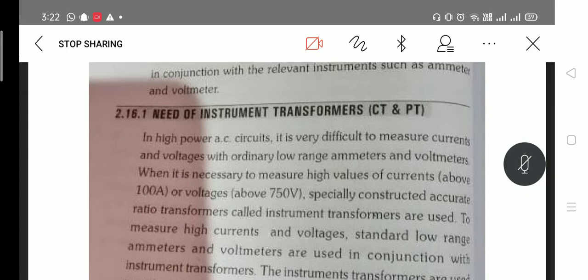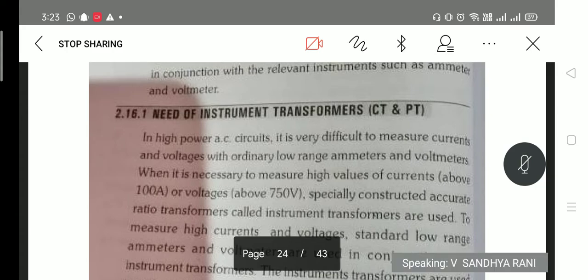It measures high values above 100 amps. Up to 100 amps we can measure with ammeters and voltmeters of MC and MI type instruments. Greater than 100 amps and greater than 750 volts, we use the instrument transformers. For this purpose we are using the instrument transformers.